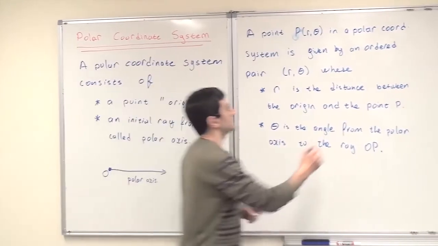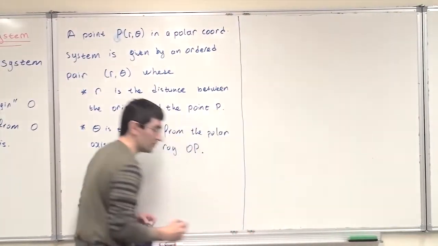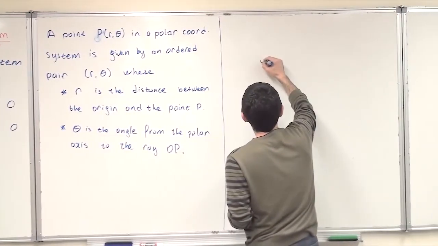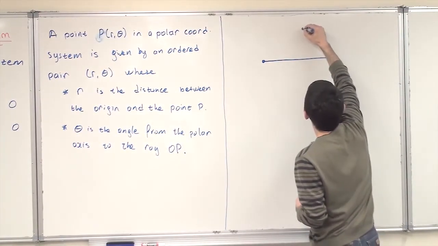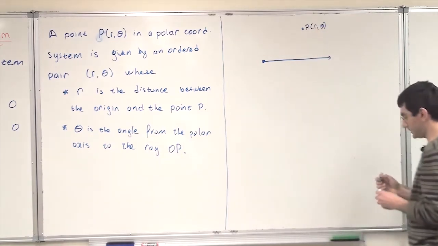Now, let's see how we sketch a general point on a polar coordinate system. So, let's take our coordinate system. Let's take a point P, given by the pair r and theta.